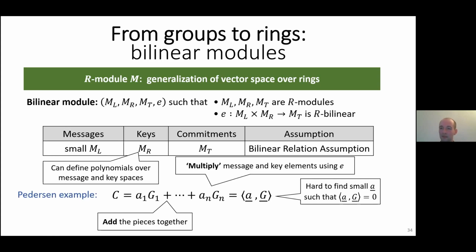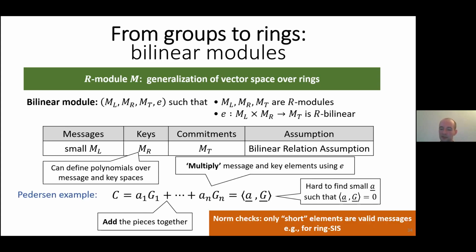And even if we define this crazy general abstract Pedersen commitment, the sumcheck protocol is still going to work because we're dealing with modules, and you can still define polynomials over the ML, MR, and MT modules. The only real difference from what we talked about already is that messages have to be small somehow in this bilinear module setup.